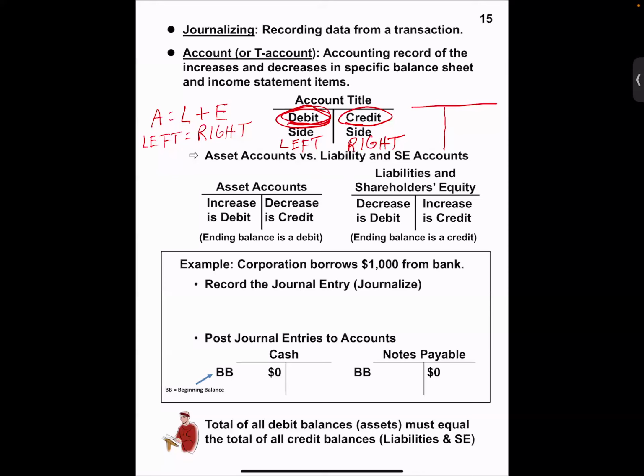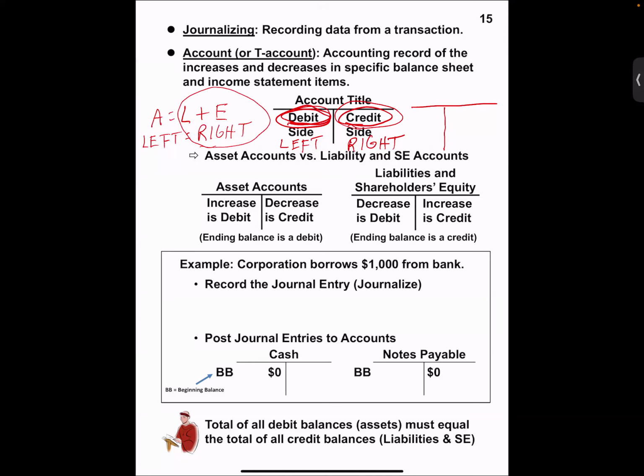Liabilities and equity accounts, on the other hand, are on the right-hand side, which is the credit side of a T account. So the normal balance of liability and equity accounts is a credit balance.